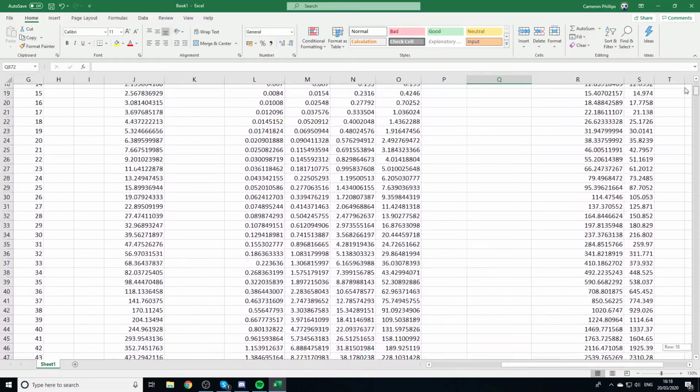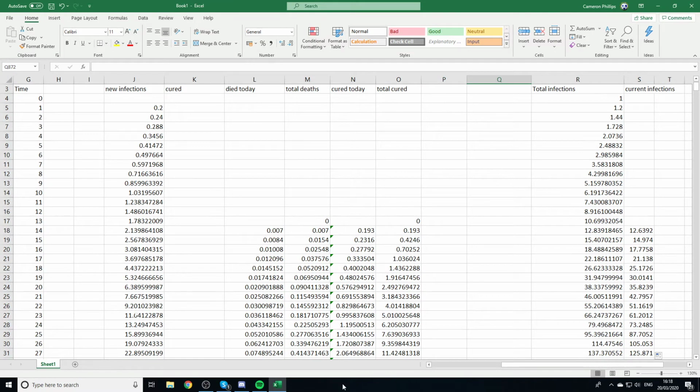But I then need to change my original formula because my new infections... I'm going to change the formula at this point because suddenly we've started to get current infections, which isn't total infections.